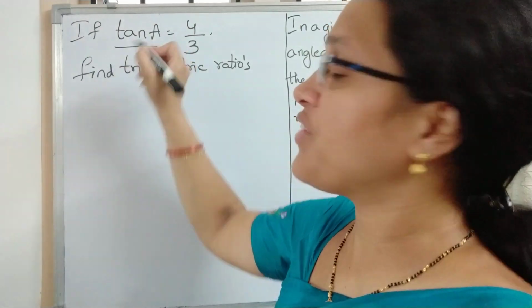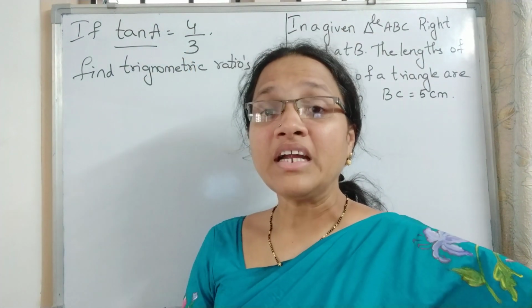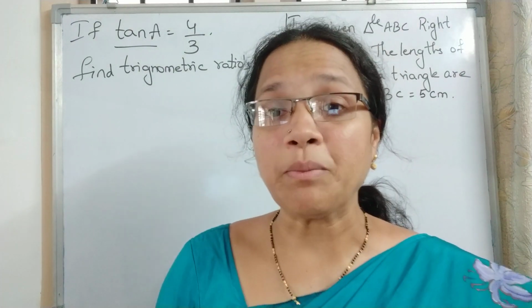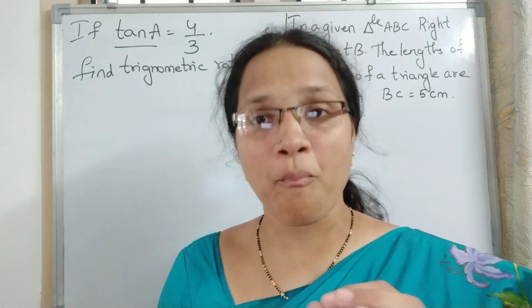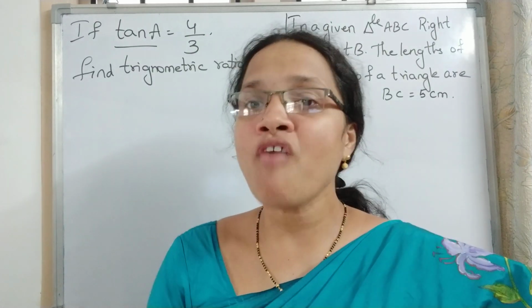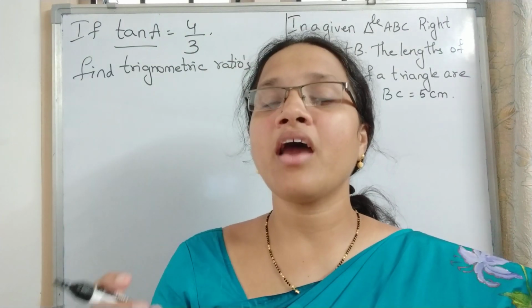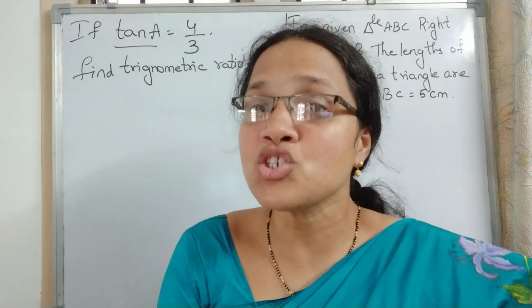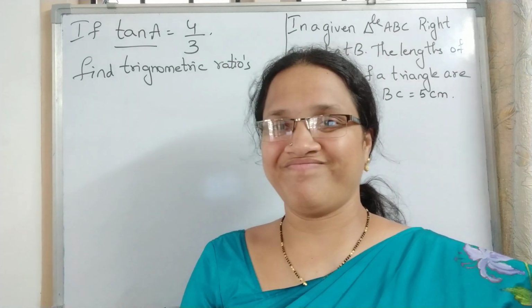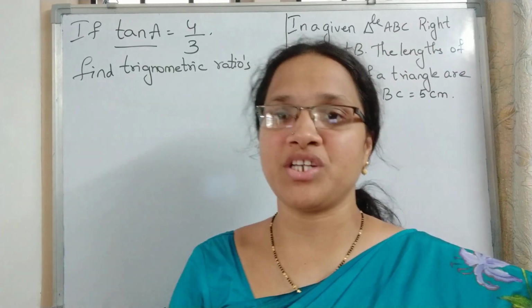The definition for tan A is that the ratio of the opposite side to its adjacent side of the triangle is constant, and this constant is called tangent. So this is the definition.